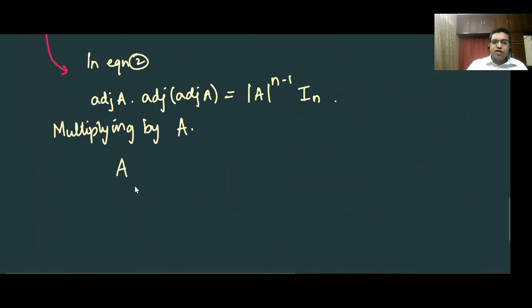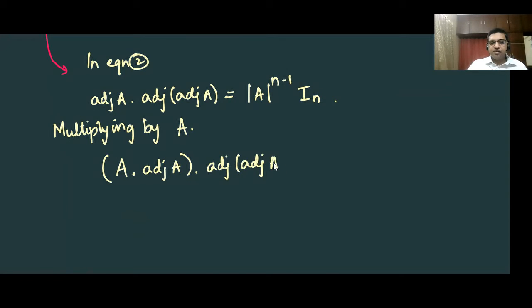So by associative law, A times BC is the same as AB times C. So I can write A into adjoint A times adjoint of adjoint A. This determinant is a number, it's a scalar, and I get A times I. This is just a scalar, so I can take it out.